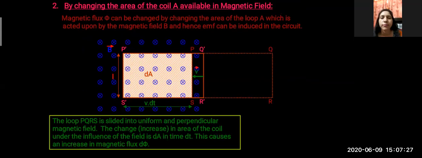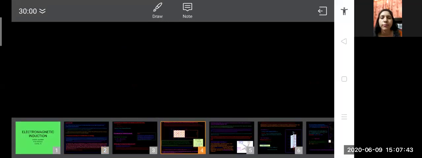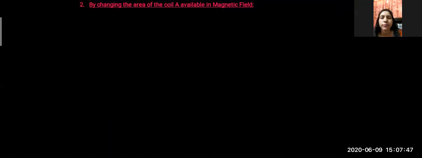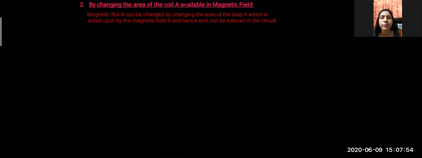So the distance moved by the loop in a small interval of time dt is given by S dash equal to V into dt.